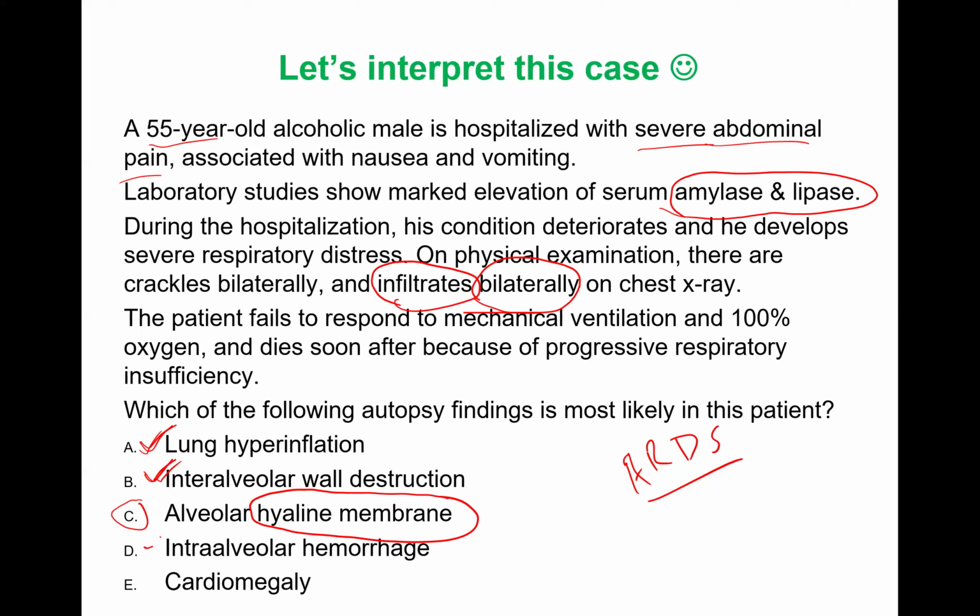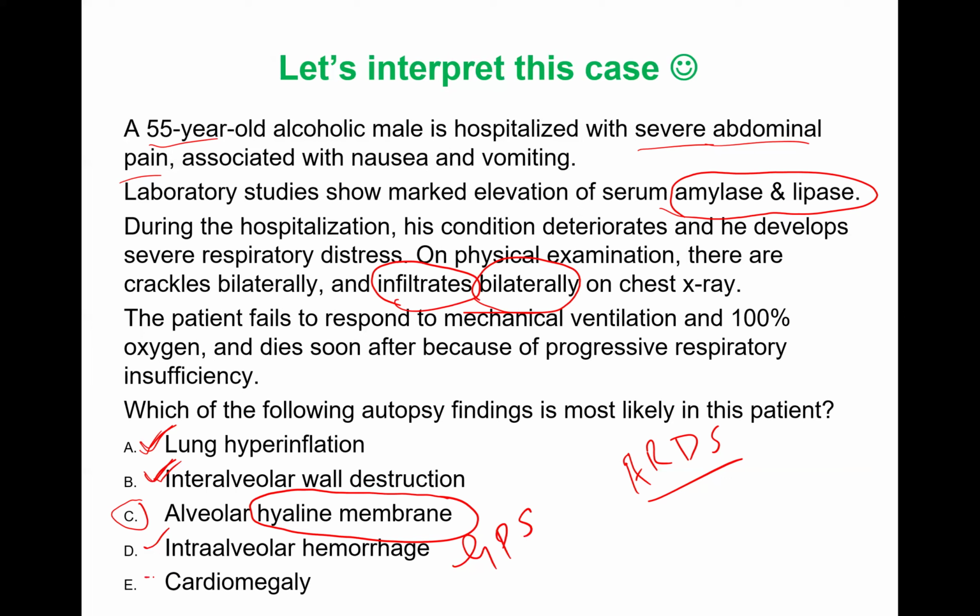The D option, intra-alveolar hemorrhage. Frank hemorrhage happens within the alveoli because of other causes, like Goodpasture syndrome, Wegener granulomatosis, in which lungs get damaged as a part of the immune response, and there is blood accumulation, right? So there is not hyaline membrane formation.